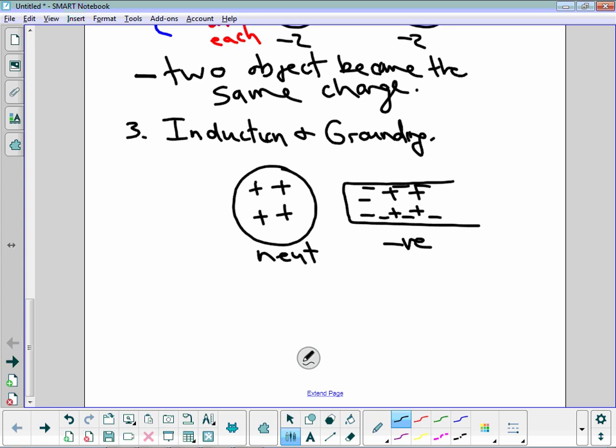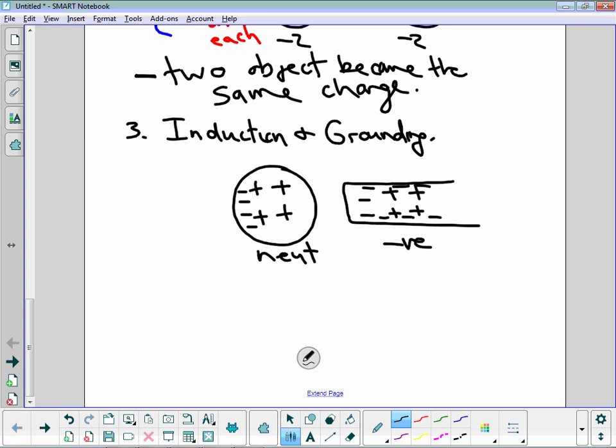What do the electrons do if I bring a negative thing close to this neutral object? It has its electrons in there. I just don't want to draw them yet because I've got to put them in the right place. Chloe, where am I putting them? The other side. I need more direction. The left side. Correct. The left.